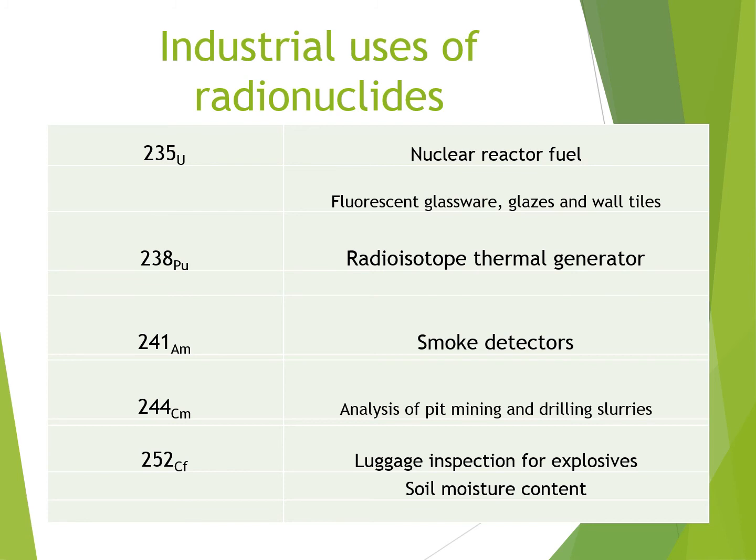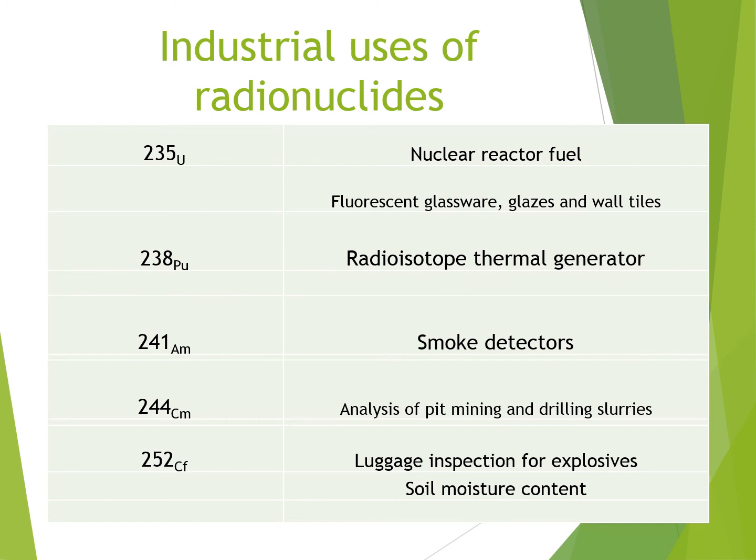Then we have plutonium 238, and this isotope is used as a thermal generator, or we can say as a heat generator. So this radioisotope is a thermal generator isotope.